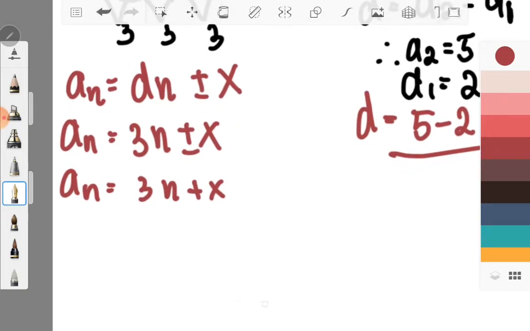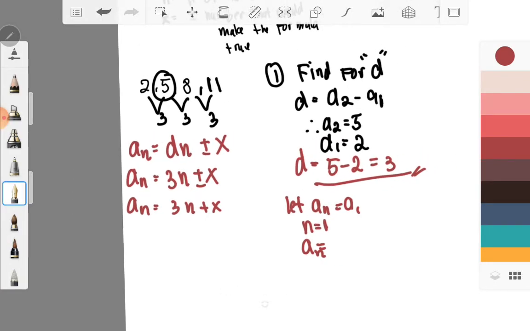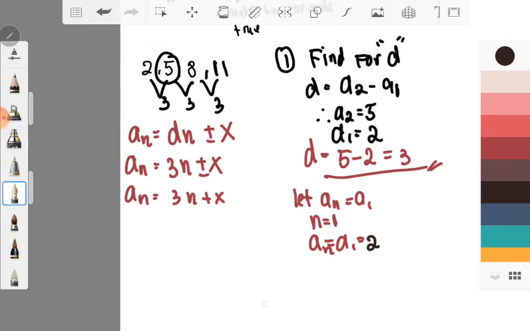Since I have no value of AN, I will assume let AN be equal to my A1, wherein my N is equal to 1 and my A1 is equal to 2. Substitute natin agad.